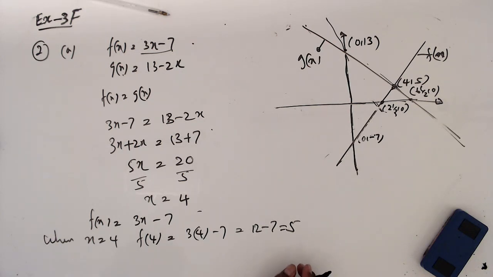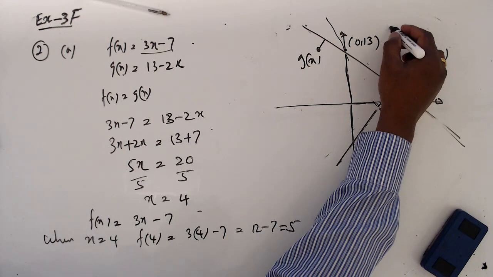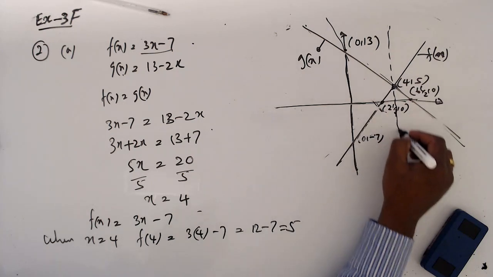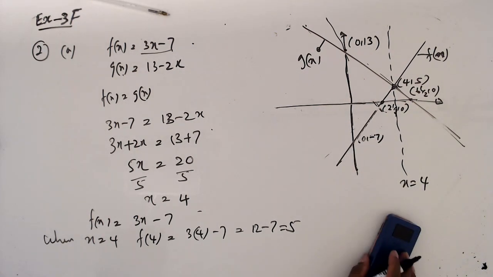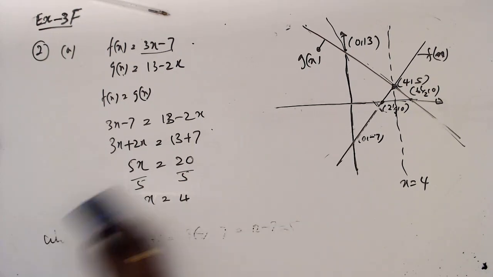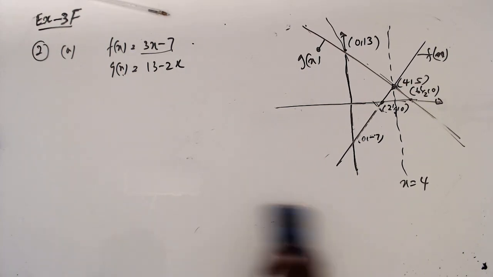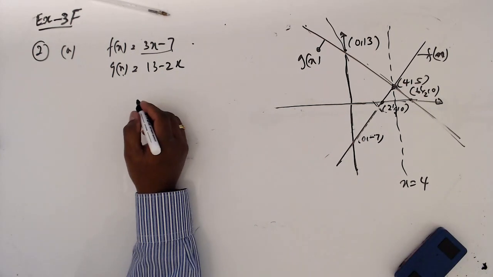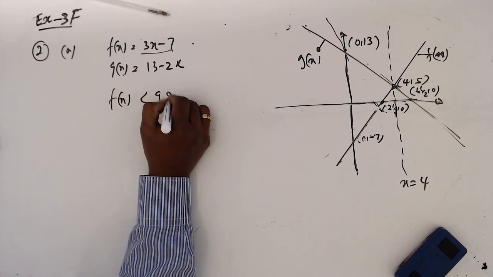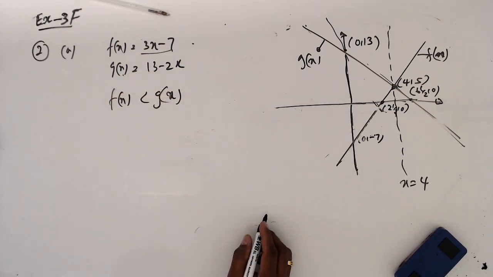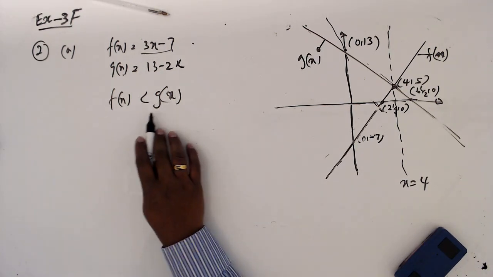Now part 3. This is the line x equals 4. Now part 3. We want to find where f(x) is greater than g(x).